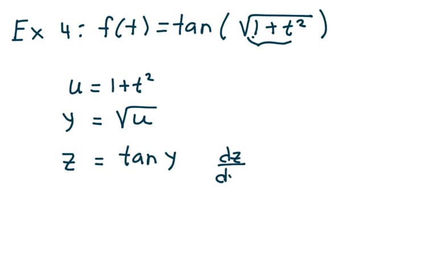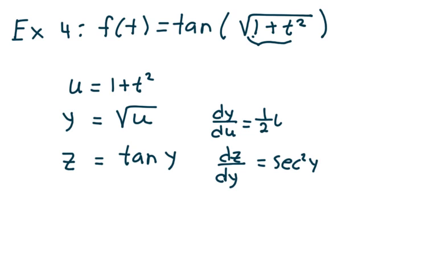Can we agree that dz/dy is equal to secant squared y? And then dy/du is 1/2 u to the negative 1/2, which I claim is 1 over 2 times the square root of u. Okay, and then du/dt is 2t.